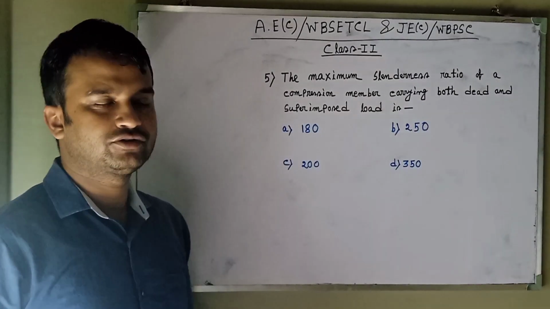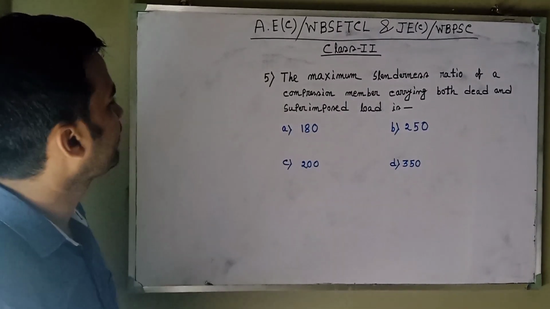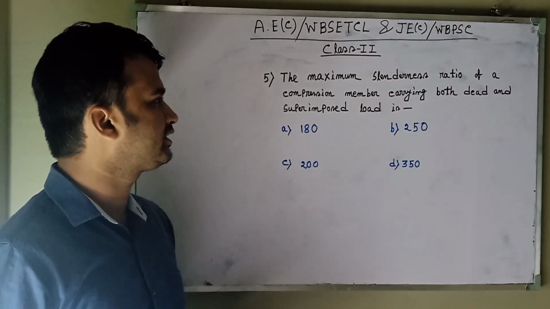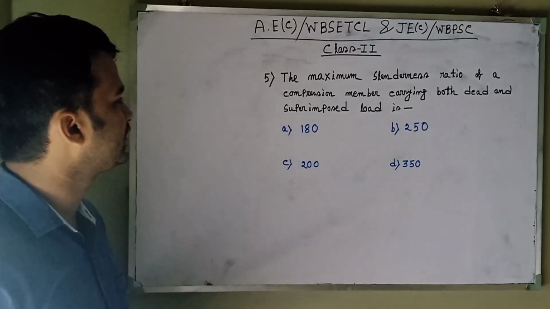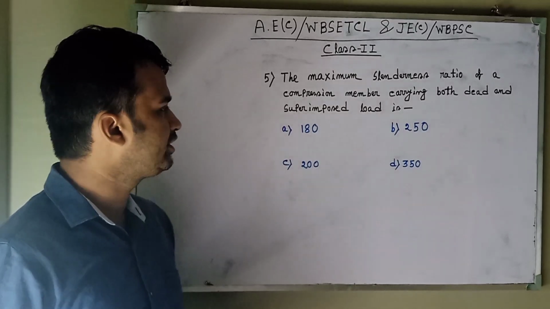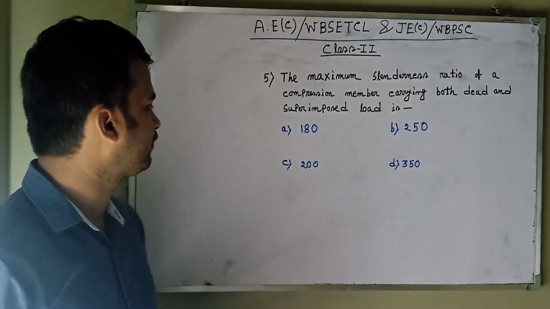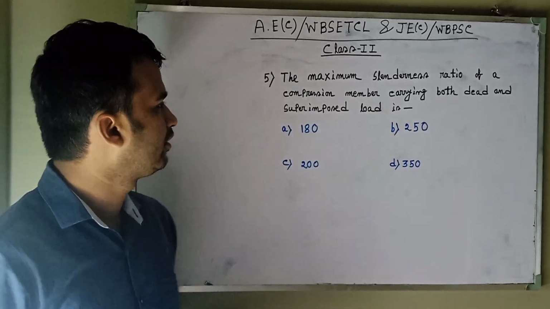Next question is also very important for your examination. Question number 5. The maximum slenderness ratio of a compression member carrying both dead and superimposed load is option A: 180, option B: 250, option C: 200, and option D: 350.